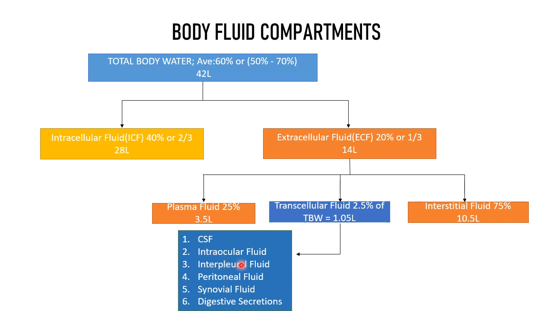Then you have intraocular fluid in our eyes, interpleural fluid in our lungs, which prevents friction between the lungs and the ribs. Then we have the peritoneal fluid in our peritoneum in the abdomen, synovial fluid in the joints, and digestive secretions, such as saliva. Saliva is a digestive secretion. Then we have other secretions in the stomach and everywhere else.